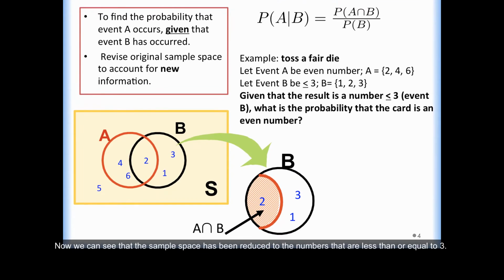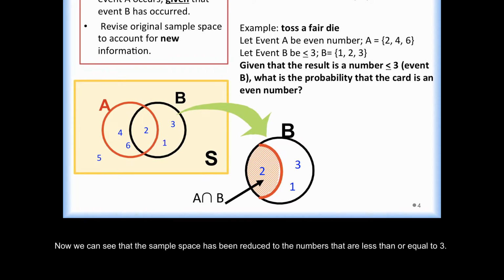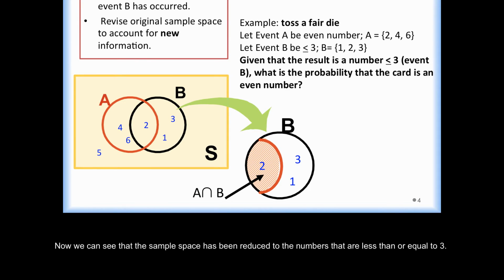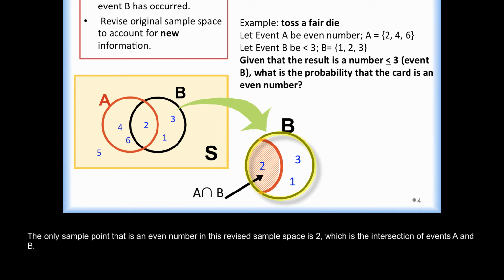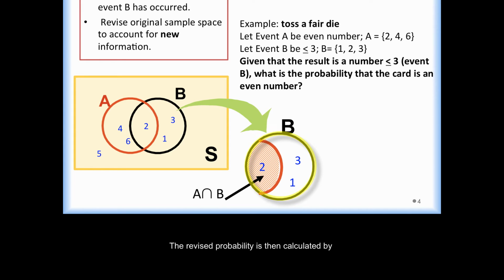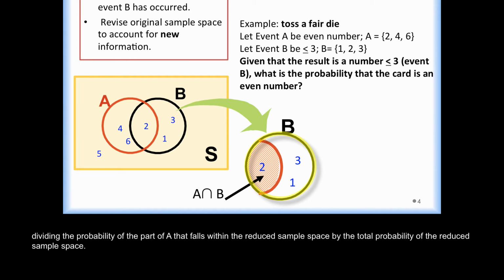Now, we can see that the sample space has been reduced to the numbers that are less than or equal to 3. And we are only considering the sample points that are in event B. The only sample point that is an even number in this revised sample space is 2, which is the intersection of event A and event B. The revised probability is then calculated by dividing the probability of the part of A that falls within the reduced sample space by the total probability of the reduced sample space.